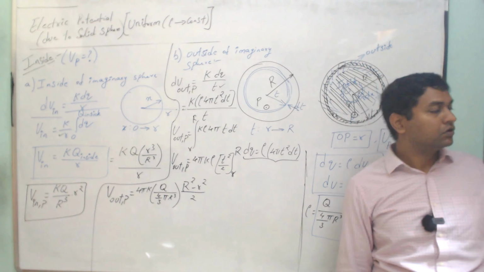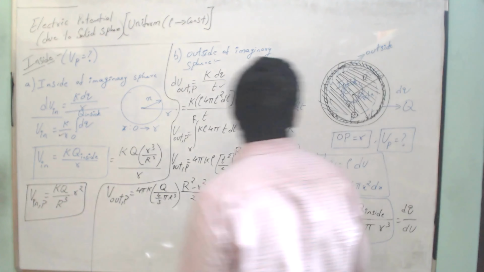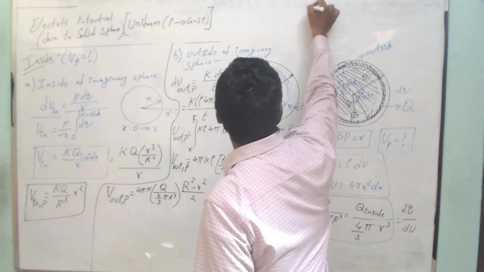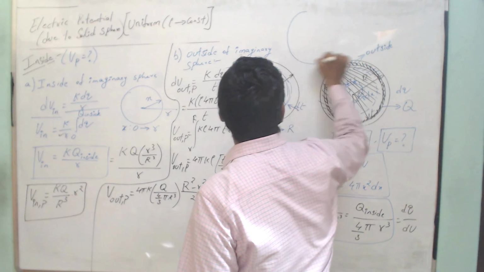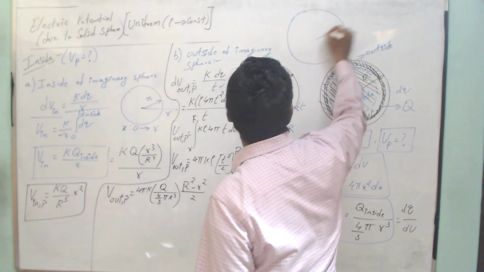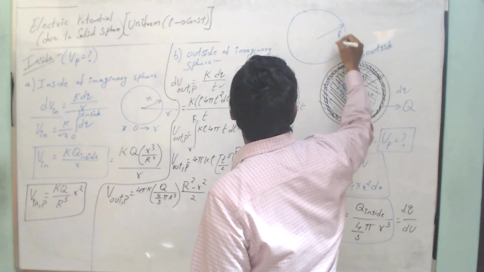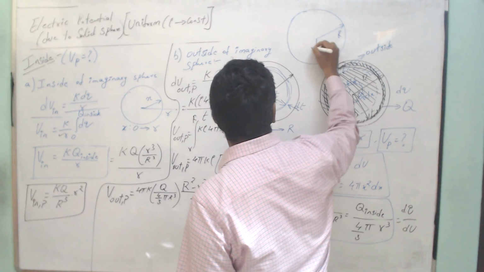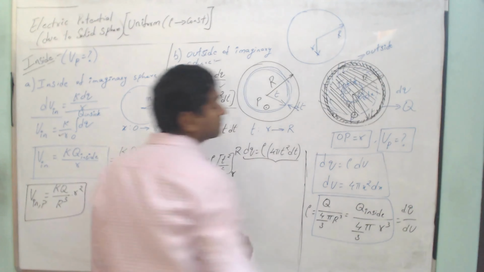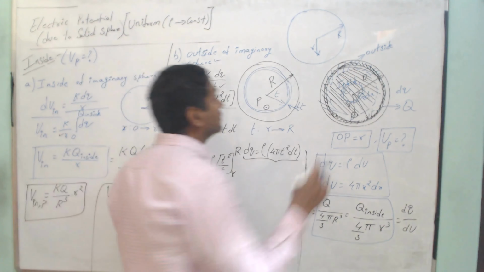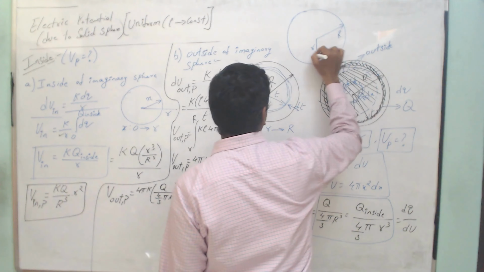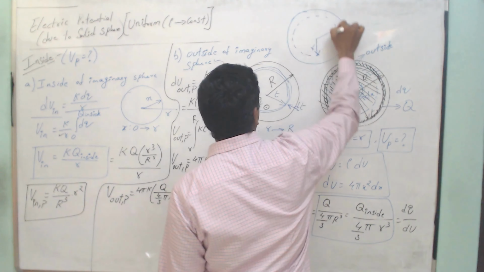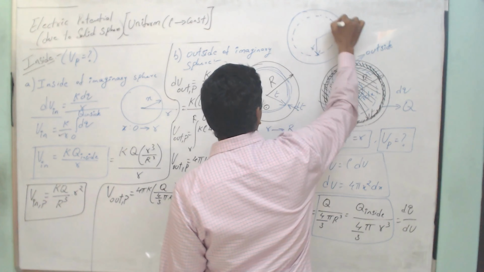Now, I have a sphere of radius capital R. I have a point P at radius small r.